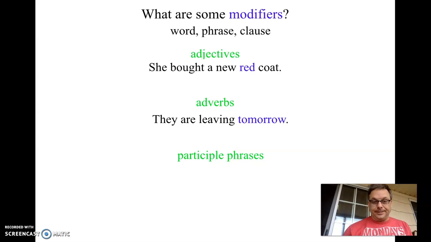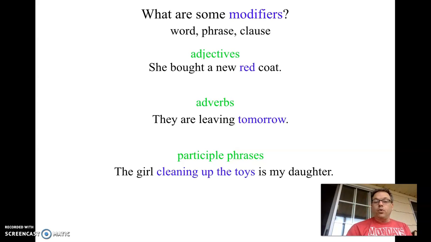Participle phrases. The girl cleaning up the toys is my daughter. So this whole phrase, cleaning up the toys, tells us about this person, the subject, right? Not some other girl, the girl reading the book or the girl taking a nap or whatever, right? It's the girl cleaning up the toys.